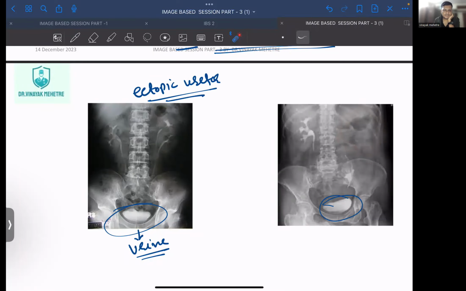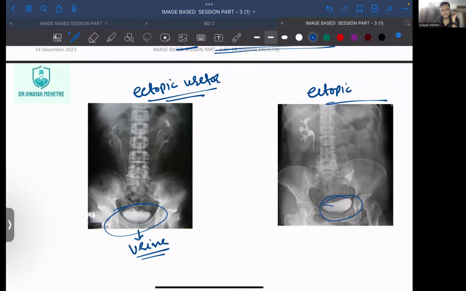But if you will go down over here, you are able to see a ureter, right? So it is also ectopic ureter. But कहाँ है? It is not present at normal site, right?